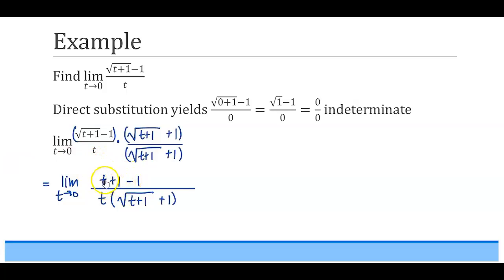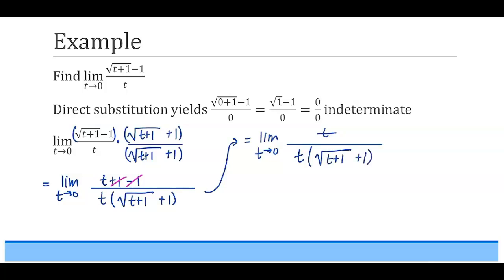Now in the numerator, I have the quantity t plus 1 minus 1. So the plus 1 and the minus 1 are going to cancel out. And so now what I have is the limit as t approaches 0 of t all over t times this binomial where the first term is the square root of the quantity t plus 1 and then plus 1.